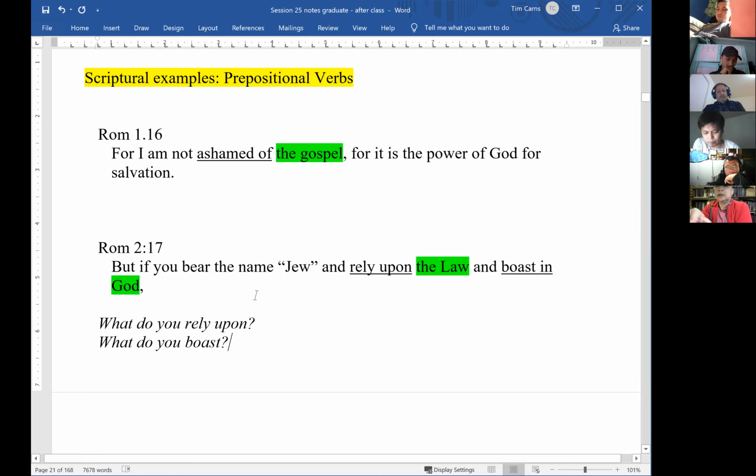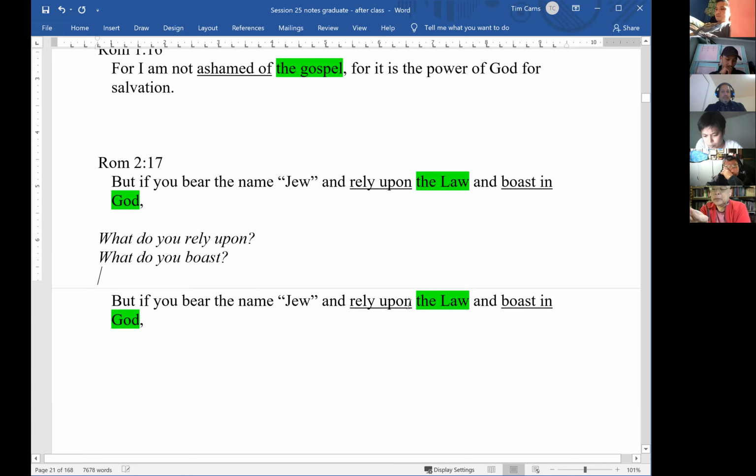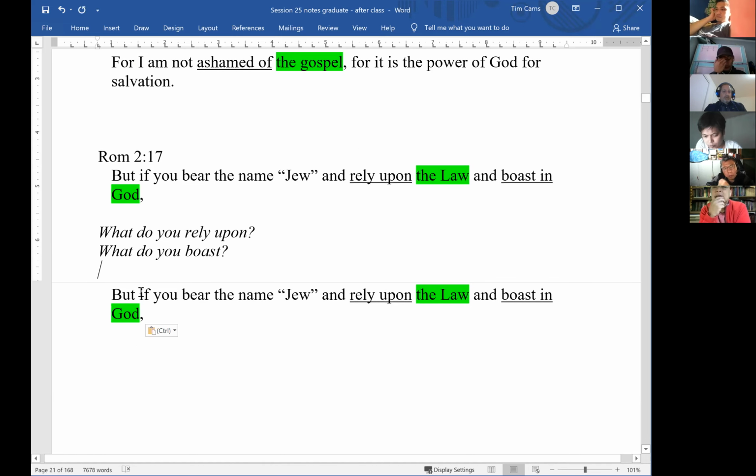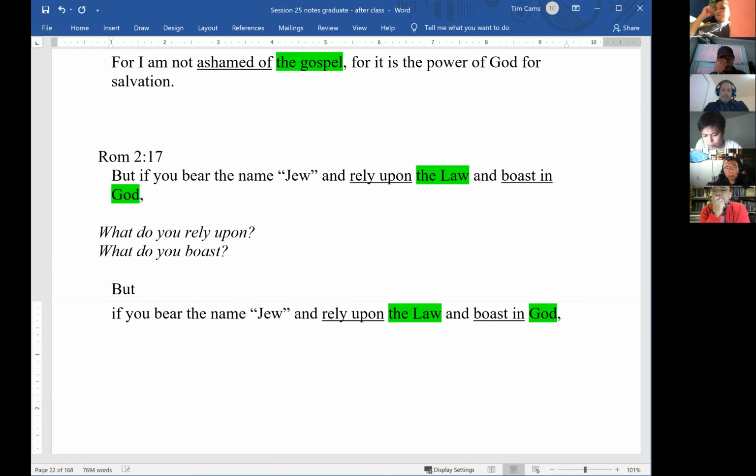Yeah, so if you're looking, go ahead. I'm sorry, I didn't mean to cut you off. No, that was a question really. Is it a prepositional verb, boast in? No, in this case, then it is okay.